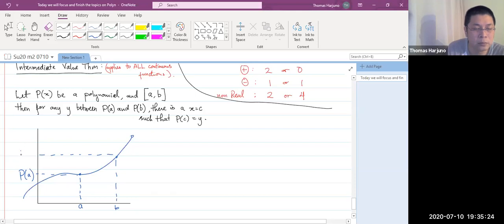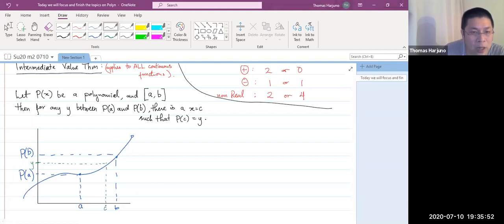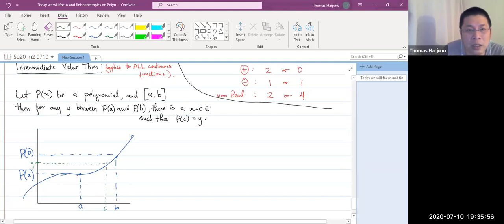Now, what it says is the following. If you pick any number between P(a) and P(b), any y, let's say I pick this number y here, okay, then there must be at least one x, one value c, such that the value of that polynomial at c is equal to y. There's a c in this interval a, b.